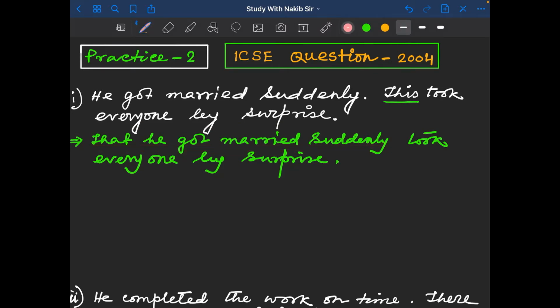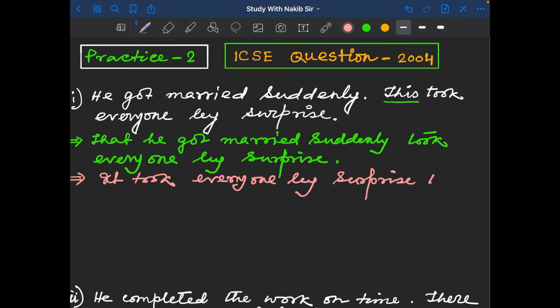See how it is. You know it, you have learnt it. It took everyone by surprise that he got married suddenly.